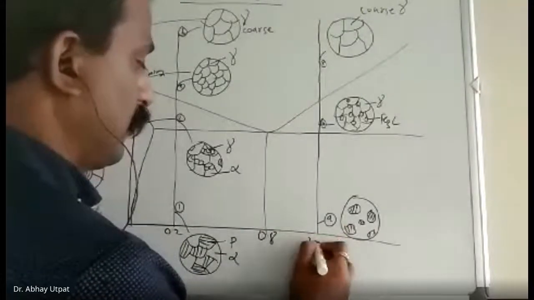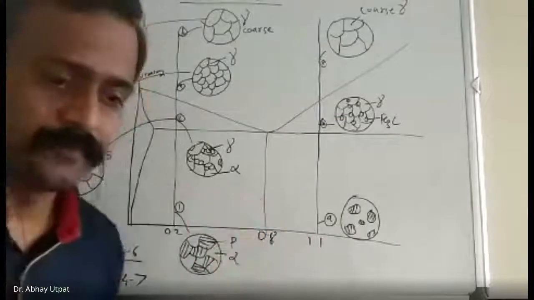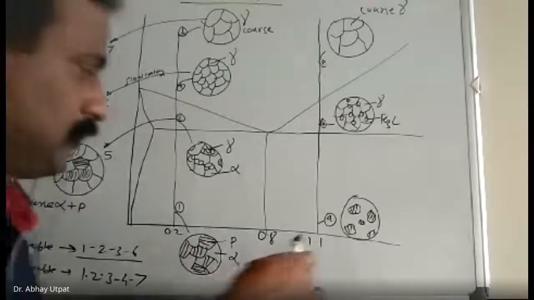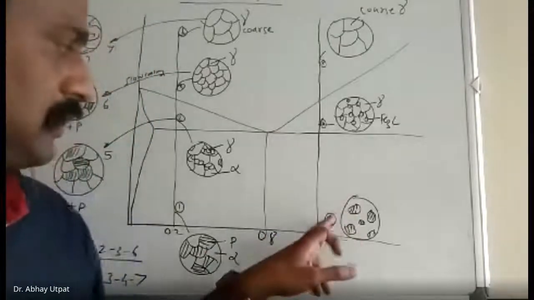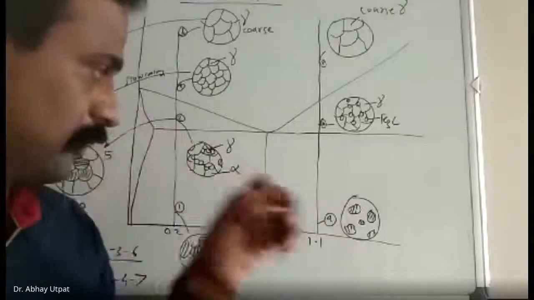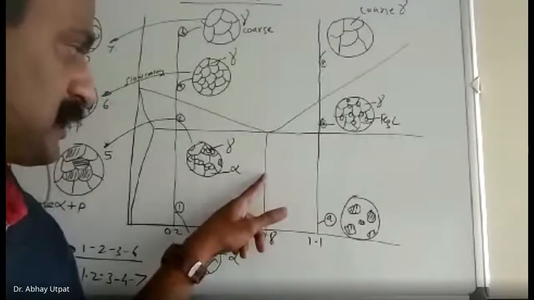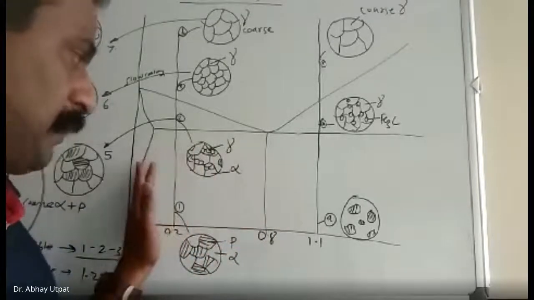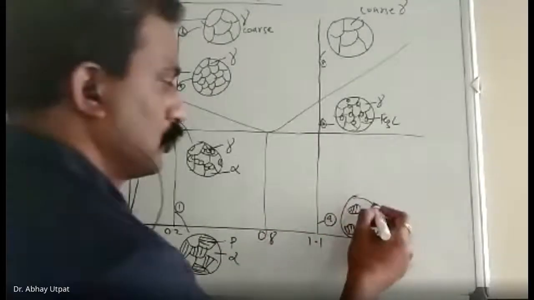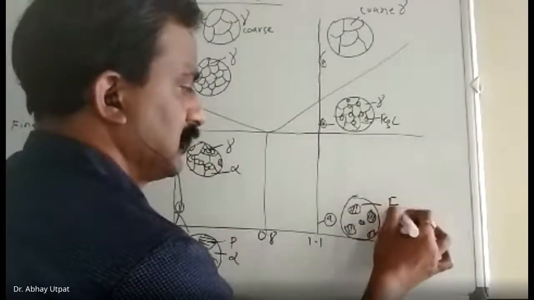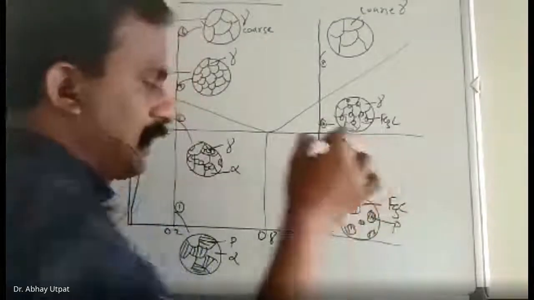I will take 1.1% carbon. So 1.1% carbon is hypereutectoid steel. At A, will be the microstructure. Here is 100% perlite, left hand side alpha plus P, right hand side P plus Fe3C. So this is Fe3C and this is perlite.